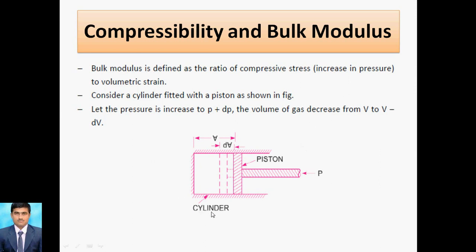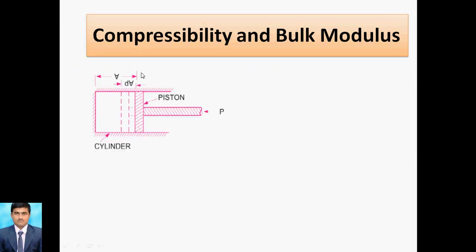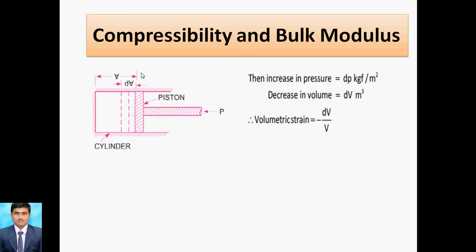This is regarding the cylinder fitted with a piston. First of all, we'll discuss the formula. When you increase the pressure by dP, measured in Newton per meter square or kgf per meter square, the volume decreases, because when you pressurize it, it changes the volume.